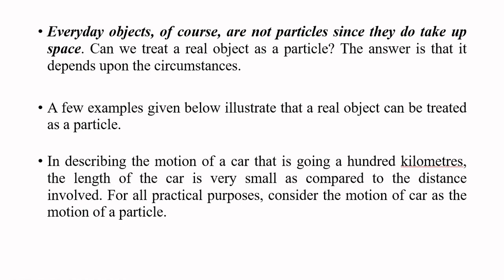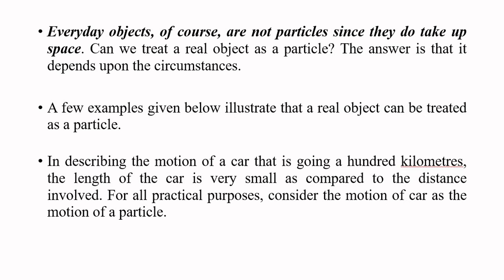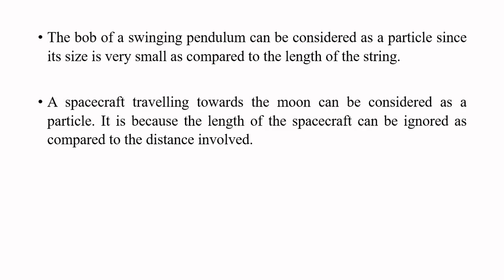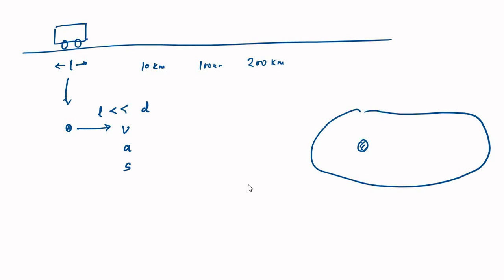Similarly, if we consider a satellite moving around Earth's orbit, the circumference of the orbit, the distance which it is covering, is very high as compared to the size of the satellite.